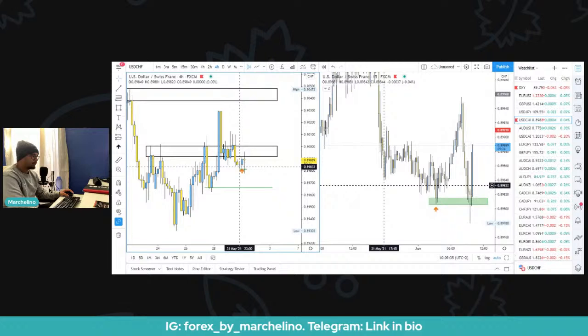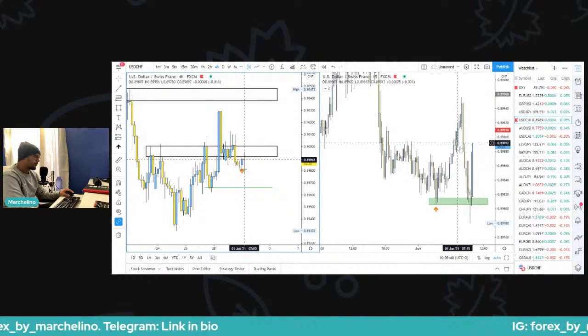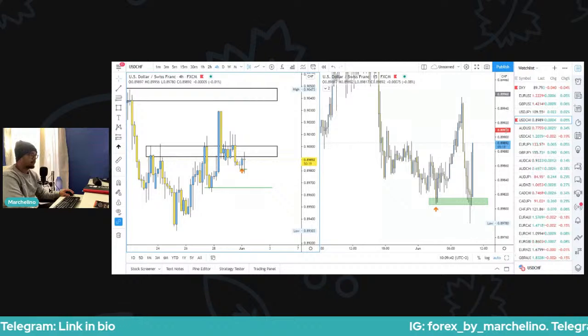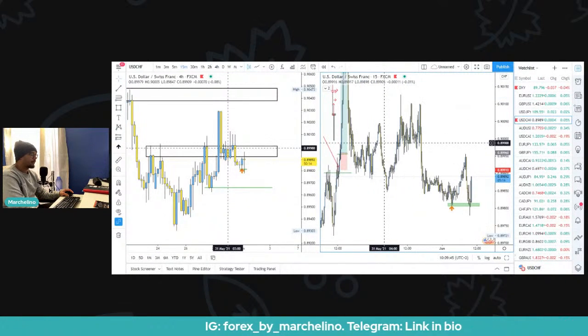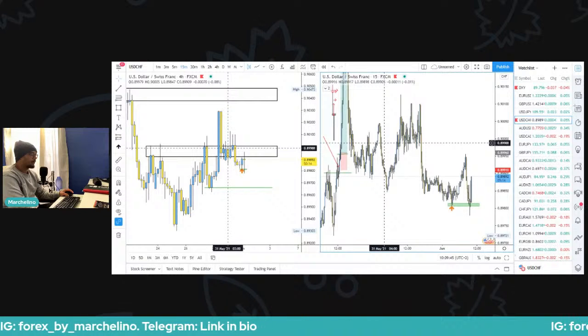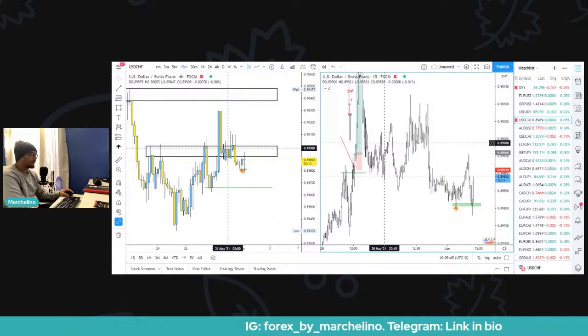However, on the 15-minute, corrective structure, impulse, impulse, impulse, probably. But I'm trying to find a structure.